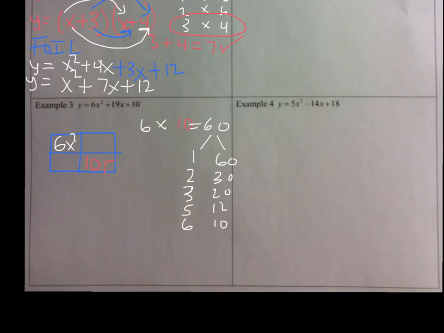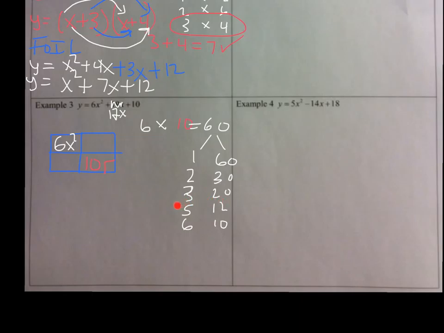Again, the next step is you want to choose two factors in here that will add to get you to your middle term, which is a positive 19. And again, I made a mistake, and it's supposed to be a positive 17, not 19. So two values to add to get you to positive 17 would be the 5 and the 12.